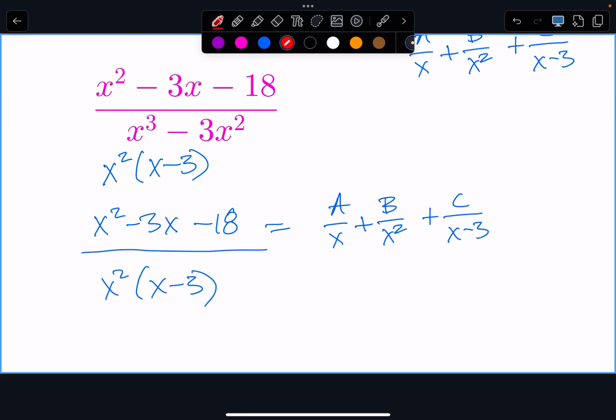This guy here needs a x and a x minus 3. B over x squared just needs a x minus 3. And x minus 3 just needs a x squared.